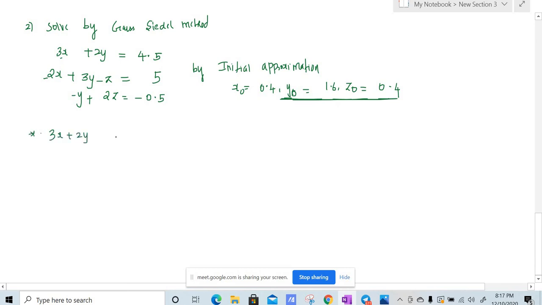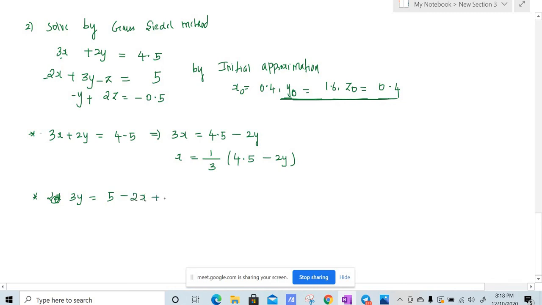So 3x plus 2y is equal to 4.5. This implies 3x is equal to 4.5 minus 2y, so x is equal to 1 by 3, 4.5 minus 2y. Now compare all the y coefficients. 3 is highest, so we choose 3 from here: 3y is equal to 5 minus 2x plus z.